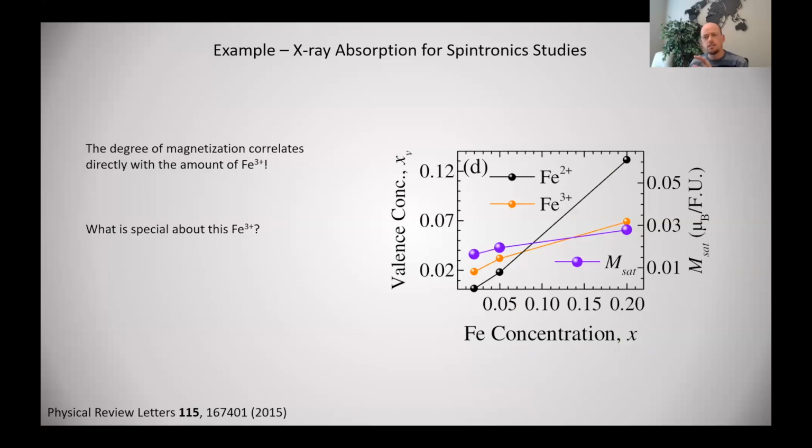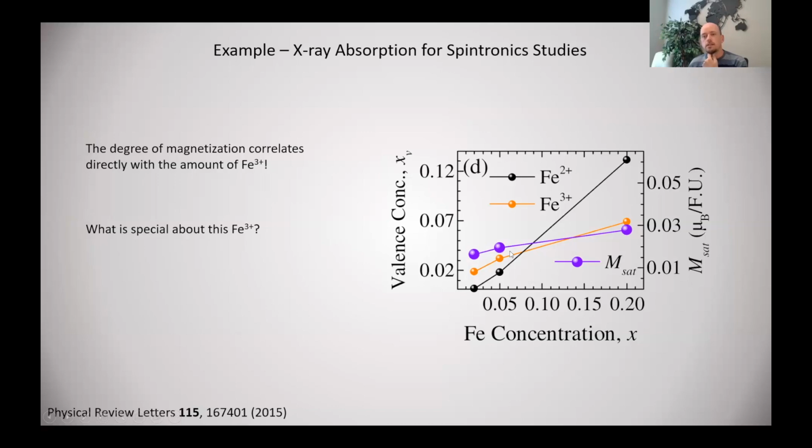Now, this plot is a little bit complicated, but let's focus on the orange curve and the black curve first. This is showing us how much iron 2+ in the black curve and how much iron 3+ I have as a function of my iron doping along the x-axis. And then over top of that, I'm plotting the magnetization of the samples per iron atom, essentially.